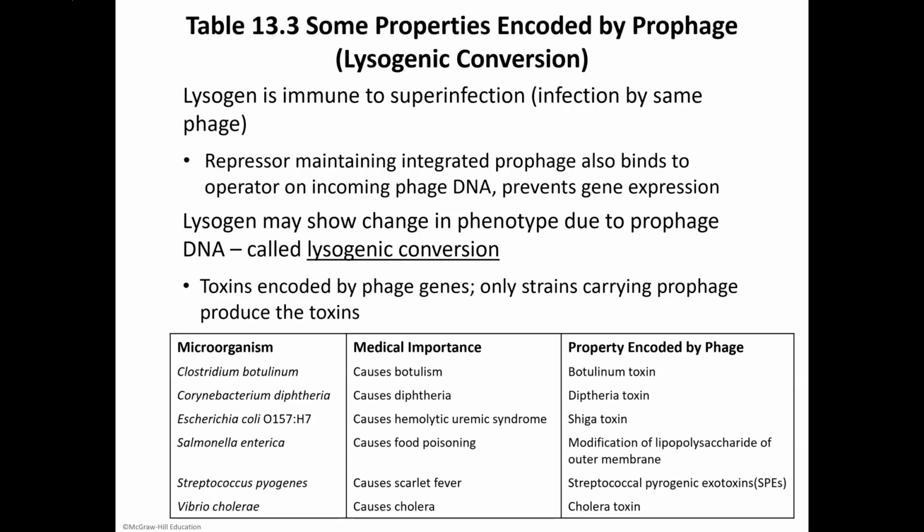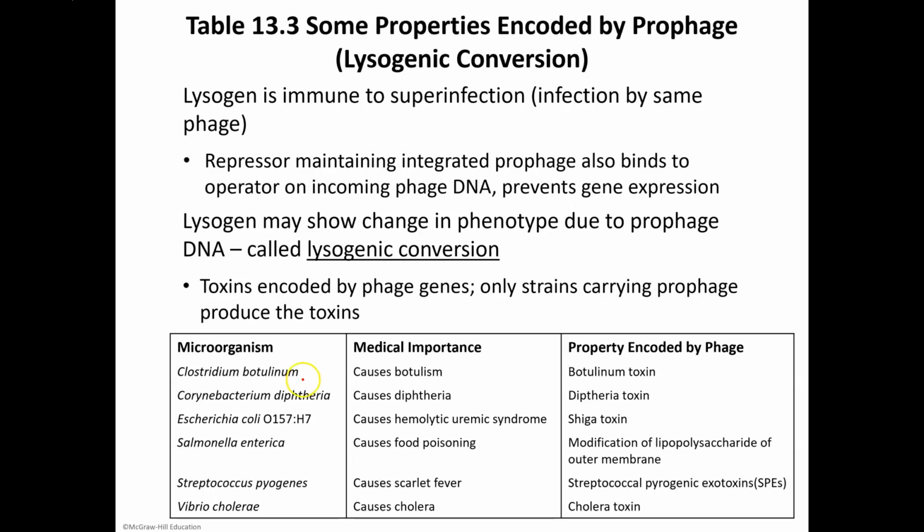So lysogenic cells are pretty impressive cells. They are immune to infection by the same phage. So if another bacteriophage tries to infect it, it can't do anything. Lysogenic or prophage cells tend to carry different phenotypes than their normal cells. And a lot of the time this new phenotype is what causes the diseases that are associated with the bacteria.